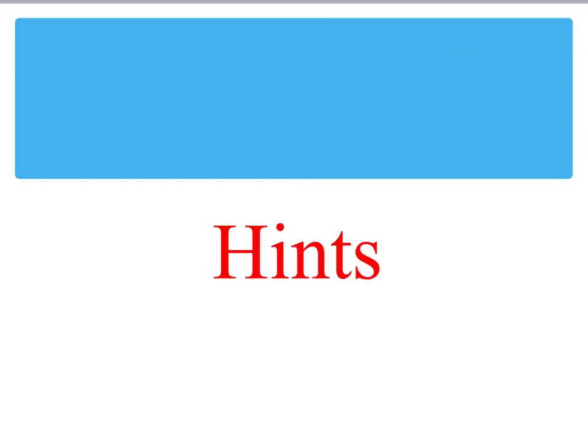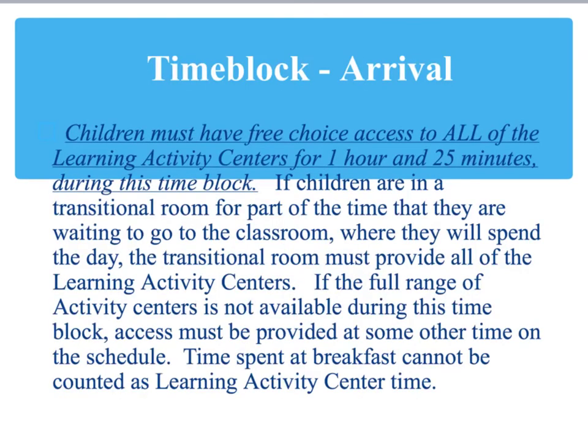So the last part of this PowerPoint is going to give you some hints of things that you're going to want to have in your developmentally appropriate schedule. So the first hint is that you're going to want to have a staggered arrival time. You're going to want your arrival time to be at least an hour and 25 minutes.